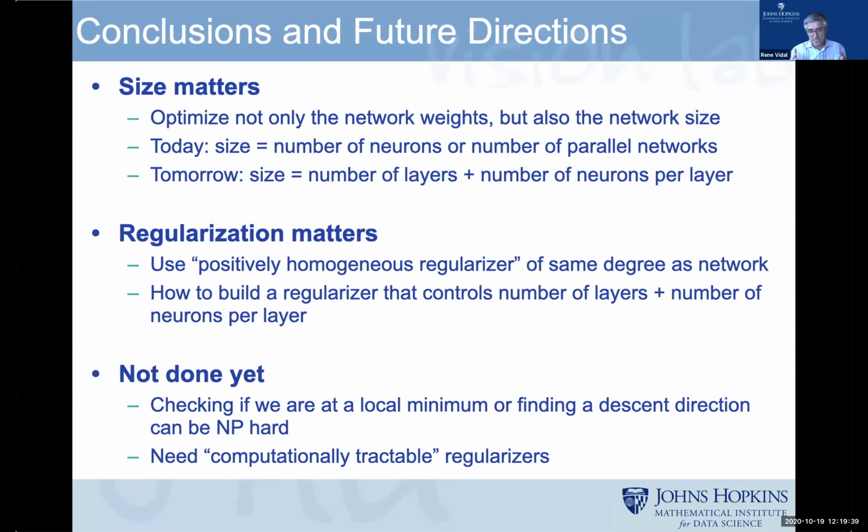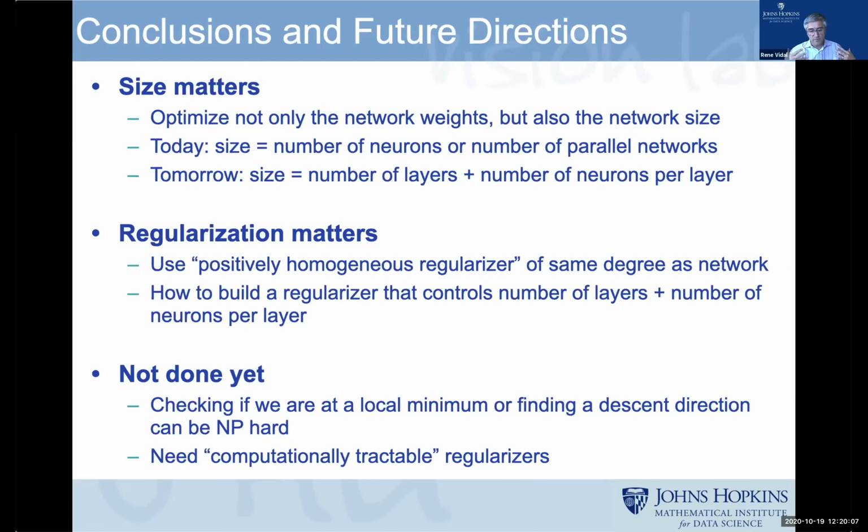But these subnetworks are not that commonly used in practice in the literature. And so the question of how you extend this notion of size, how you accommodate networks with a variable number of layers, and more broadly, how you optimize over the network architecture is, I think, a question that is of great importance moving forward.